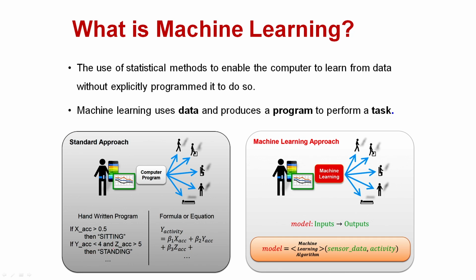If the accuracy is less than this, you stand. If the accuracy is more than 0.5, you sit, right? Otherwise, you can use an equation in terms of various accuracies: beta 1 x accuracy plus beta 2 y accuracy plus beta 3 z accuracy. That is your total activity, right?